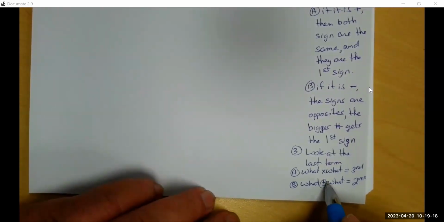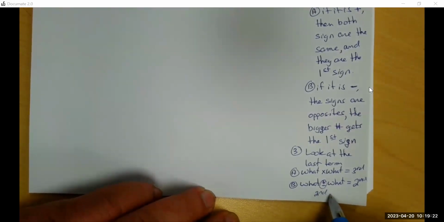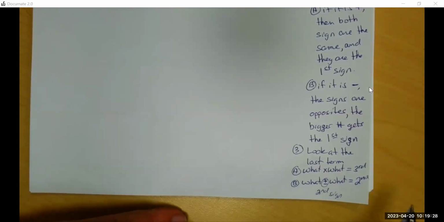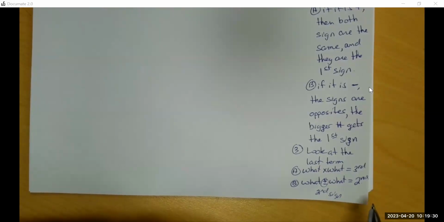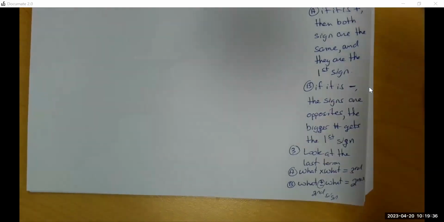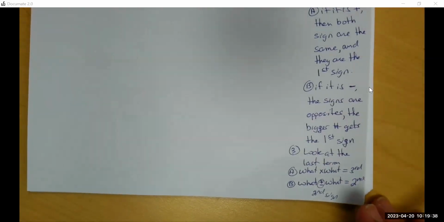And this plus or minus is whatever the second sign is. So if your second sign is a plus, it's what two numbers added together equal the second. If it's a minus, what two numbers subtracted equals the middle term. That's pretty much the steps.